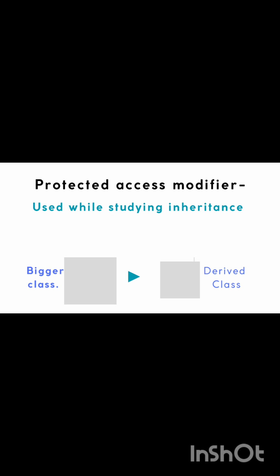The variables we want to use in the bigger class as well as in the derived class can be declared as protected, and the ones that we want to use only in the bigger class can be declared as private. You will be able to understand this properly when you study inheritance in detail. At that time, you can understand this.